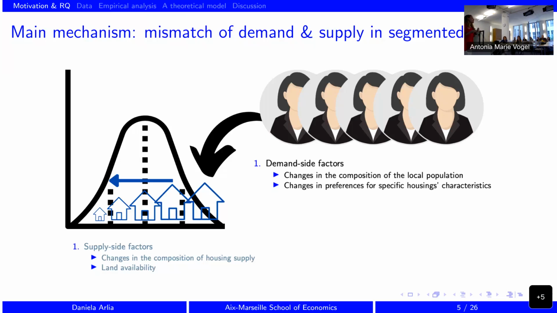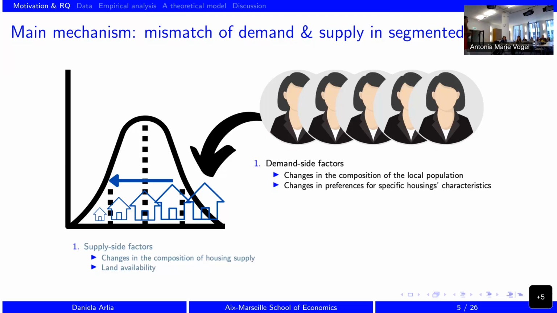I work for Amazon, I arrive in Berlin, I'm going to look for an expensive house because I can afford an expensive house. And this is going to lead to an increase in prices at the top of the distribution, but if the supply at this segment doesn't match the demand, this is going to generate spillovers down the local price distribution.